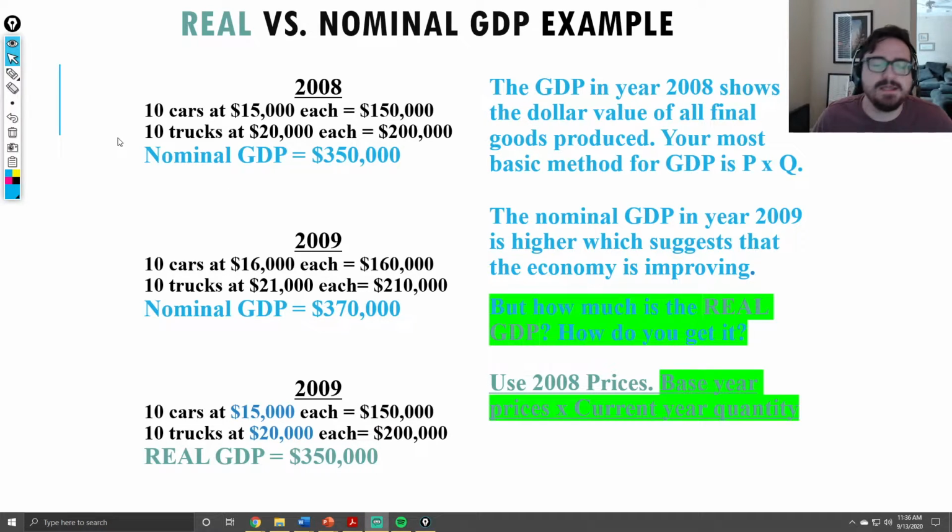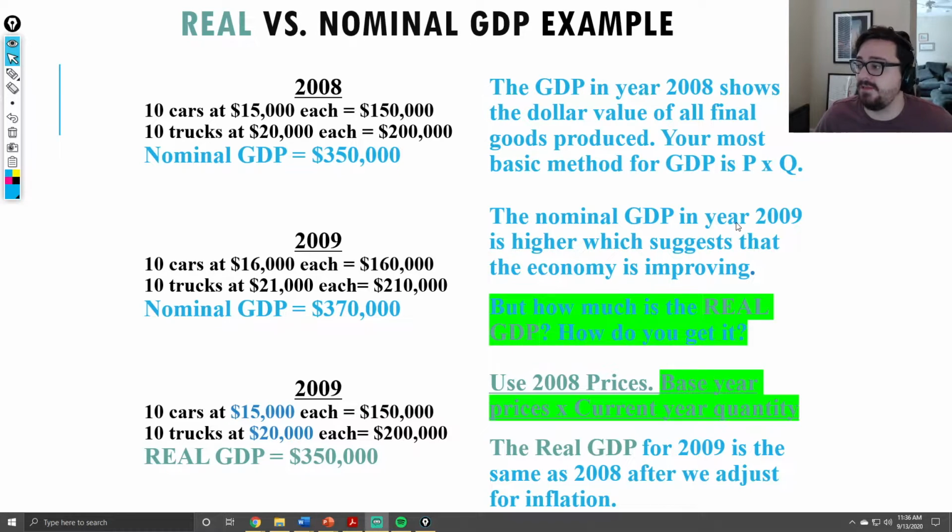Why? What does that mean? It means they didn't actually produce any more. You could tell that by looking at it, but if we look at a real country like the United States, where there's more than just two goods being produced, and we find that our real GDP from 2017 and our real GDP of 2018 are basically the same, that means our economy didn't grow. And remember, there's 3 big goals for your economy each year.